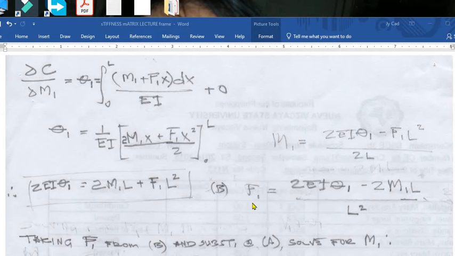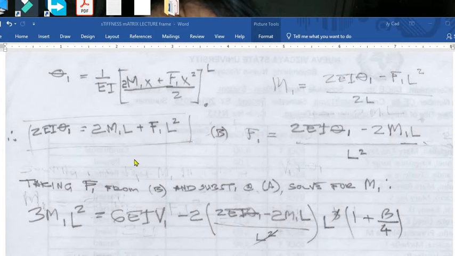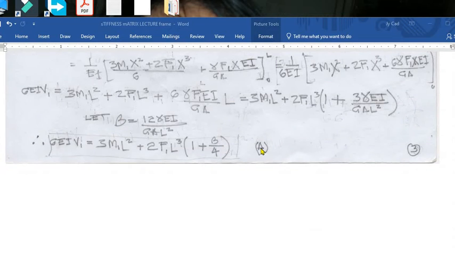Okay? And then, from this equation again, i-isolate natin si f1 and this will be your equation. Okay, so 2ei theta 1, i-minus natin 2m1l kasi i-transpose natin siya, and then divided by l squared. And then, itong f1 na yan, isa-substitute natin kay equation A dito.